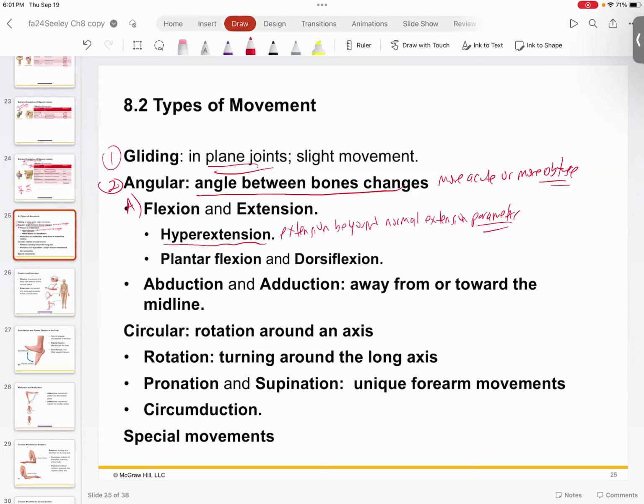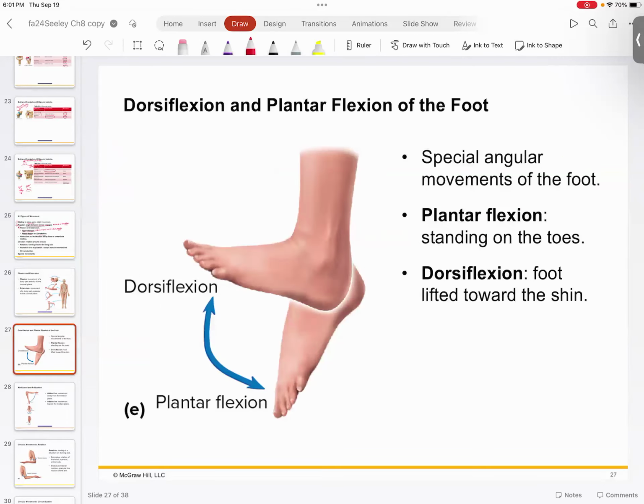Within flexion and extension, you have specific types of flexion and extension. For instance, you have what's called plantar flexion and dorsiflexion. This is the movement of your foot. Plantar flexion is a type of angular movement where you're moving your foot as you're standing on the toes. They call it flexion because the plantar is underneath the foot itself. Dorsiflexion is pointing your toes toward the shin.